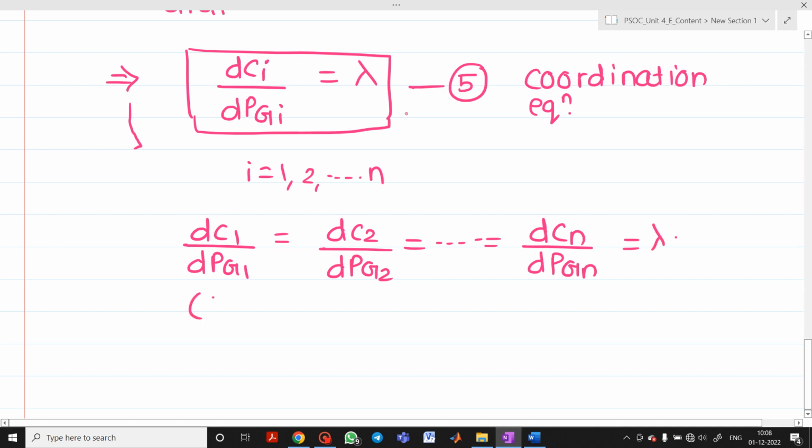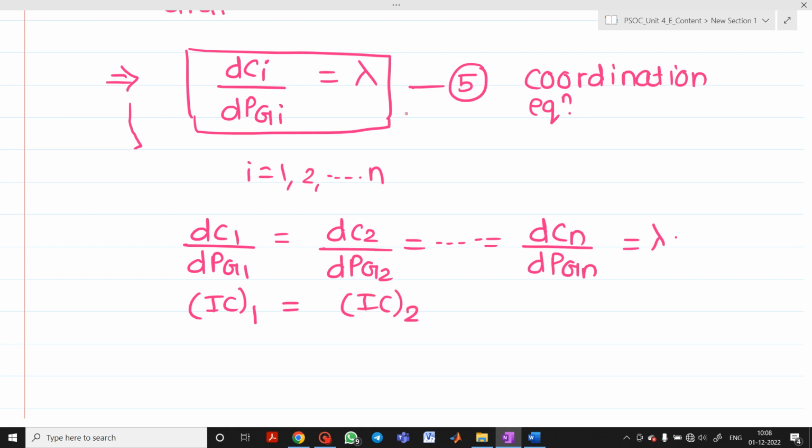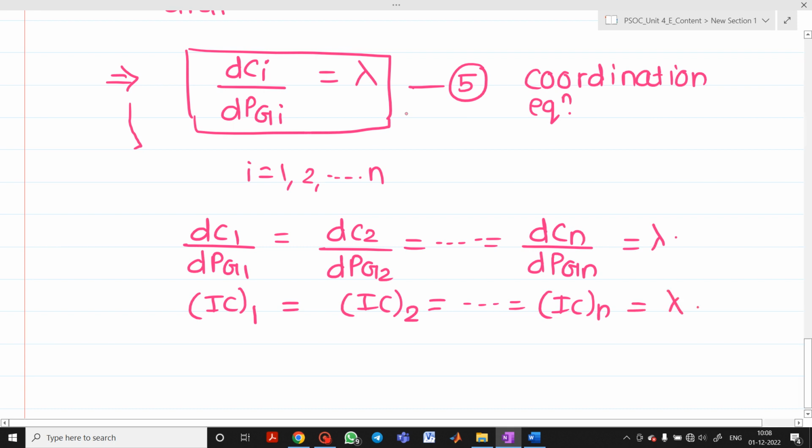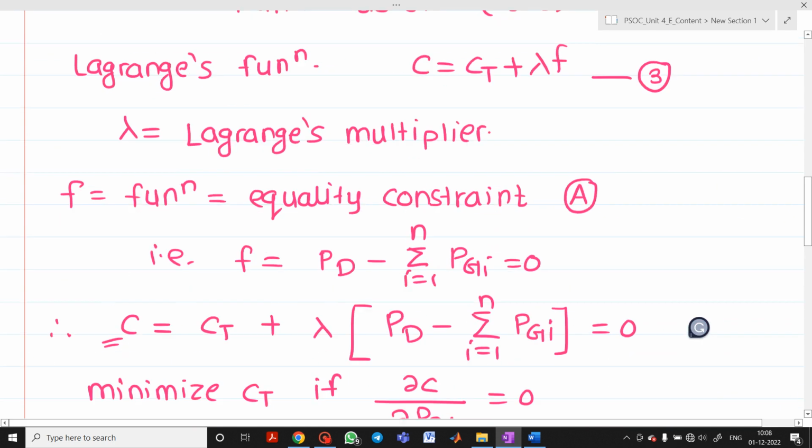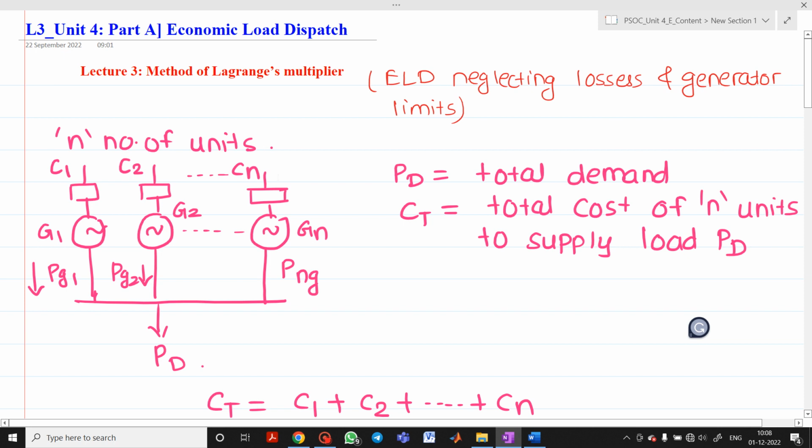In other words, this is the incremental cost curve of the first unit, incremental cost curve of the second unit, up to the incremental cost curve of the nth unit, which will be equal to lambda. That is, all units should operate with equal incremental cost lambda. So this is the derivation by the method of Lagrange's multiplier, or in other words, economic load scheduling, neglecting losses and the generator limits.